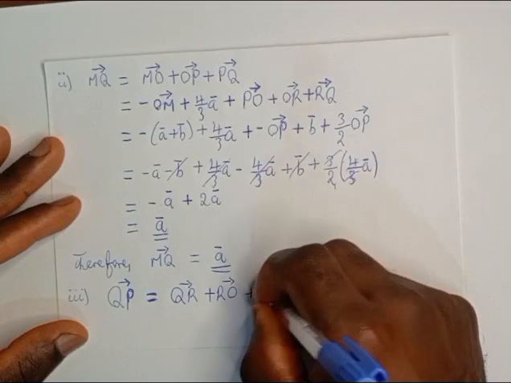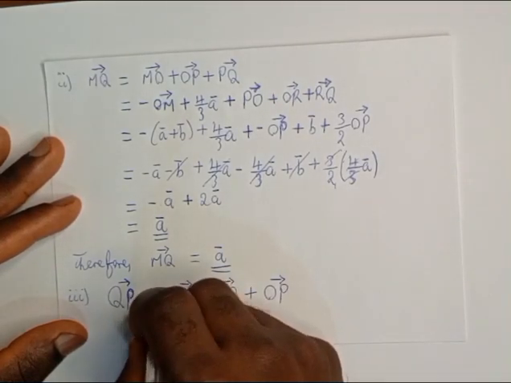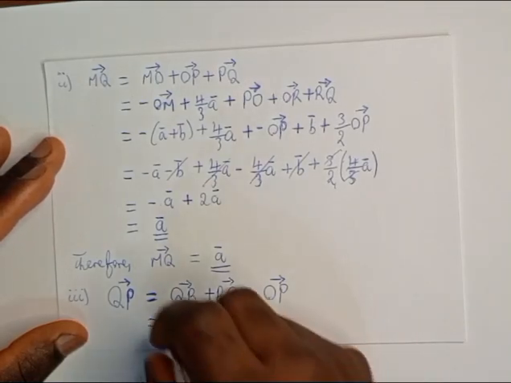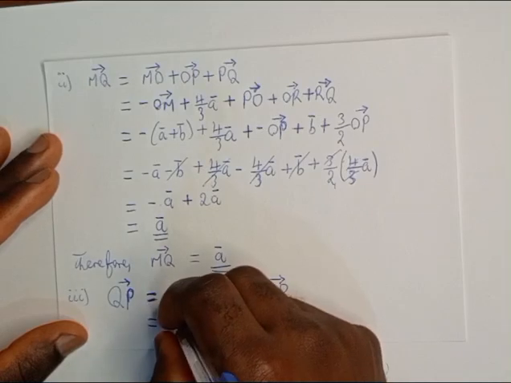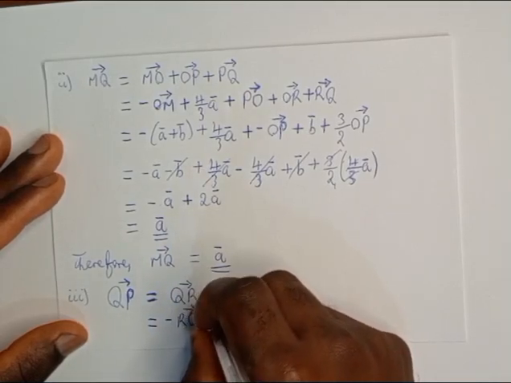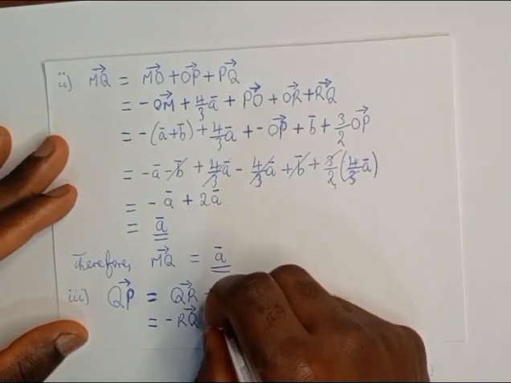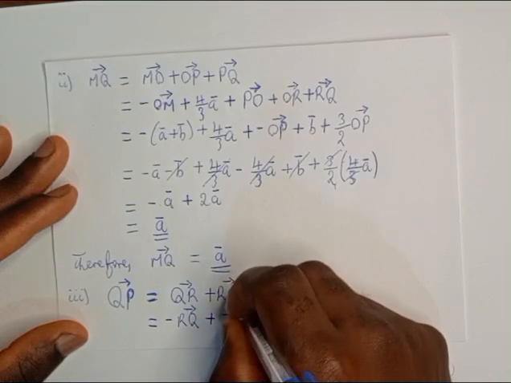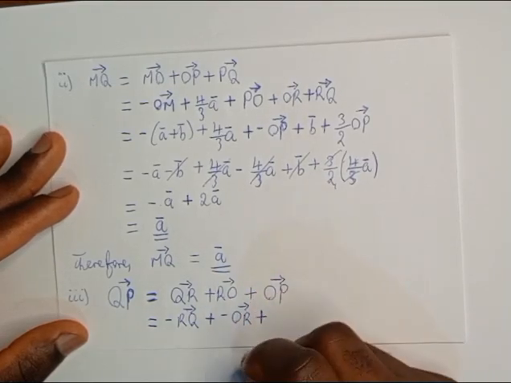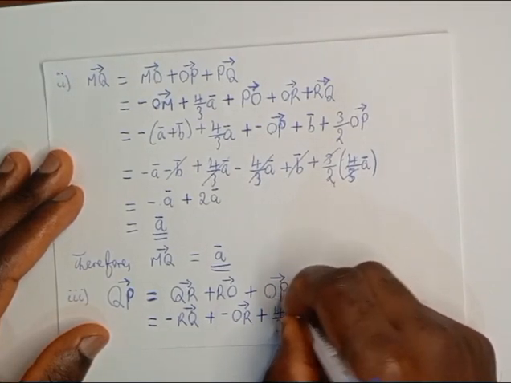plus OP vector, and this will simply be equal to QR vector is the same as negative RQ vector, plus RO vector is the same as negative OR vector, plus OP vector, which is 4 on 3 A bar.